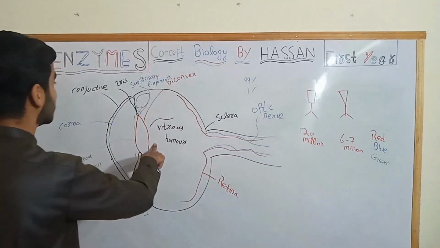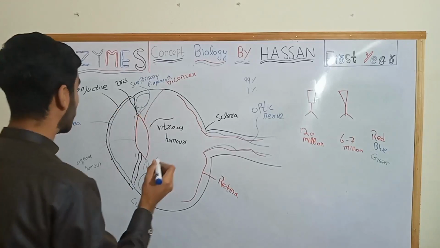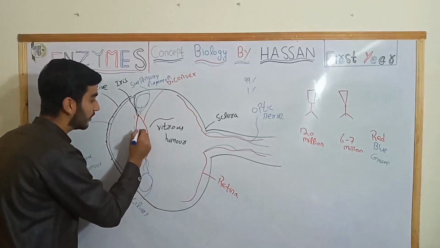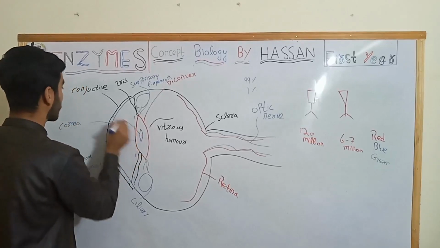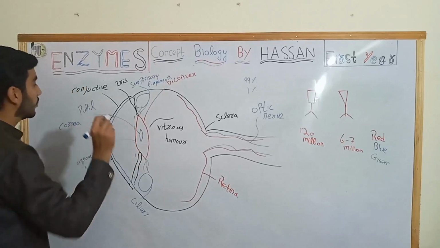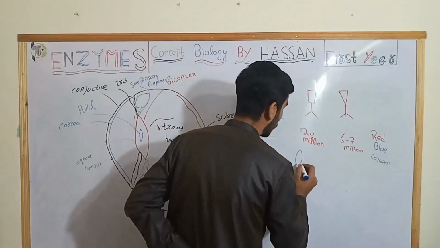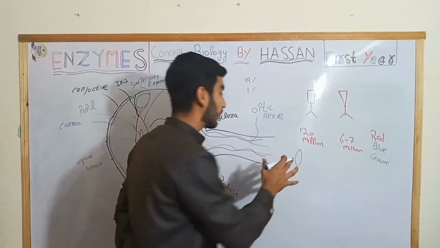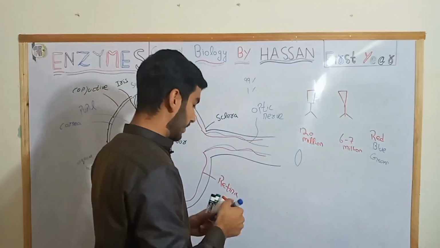This is lens. And one important thing that I want to tell you, this is the pupil, a very important structure of our eye. You know that the pupil is a hole that contracts and dilates according to the situation. Let me explain.